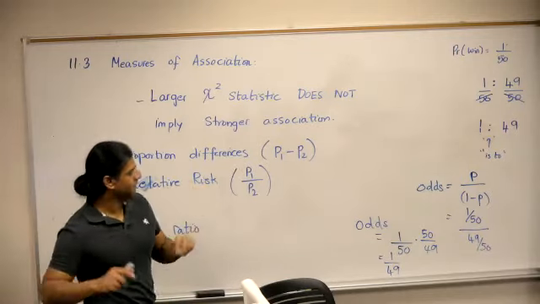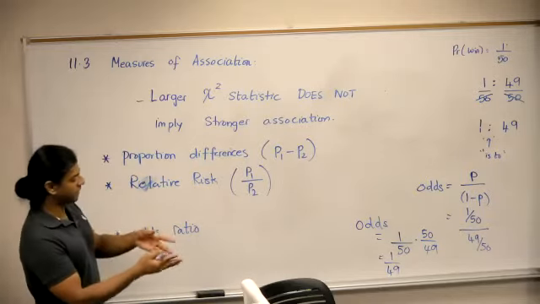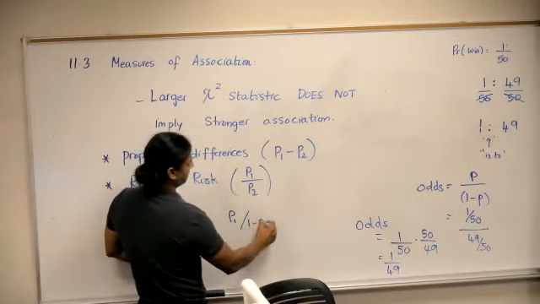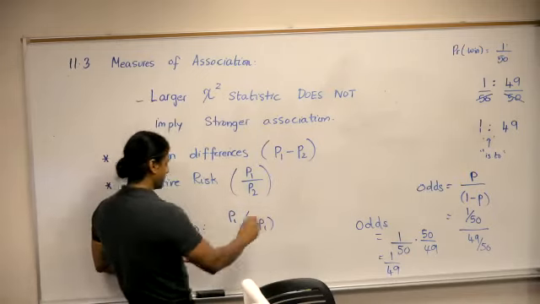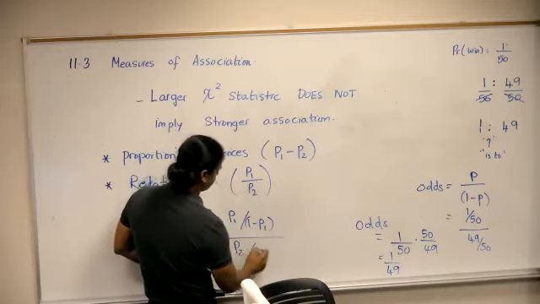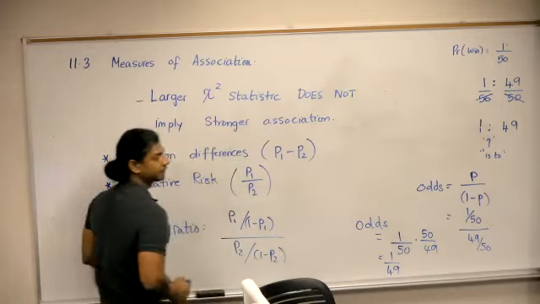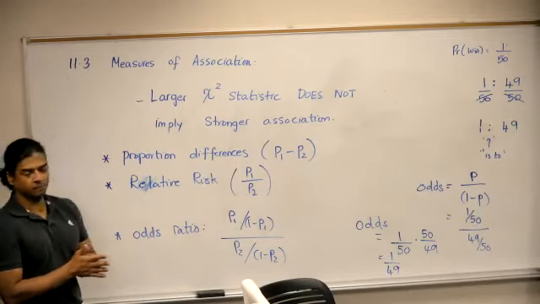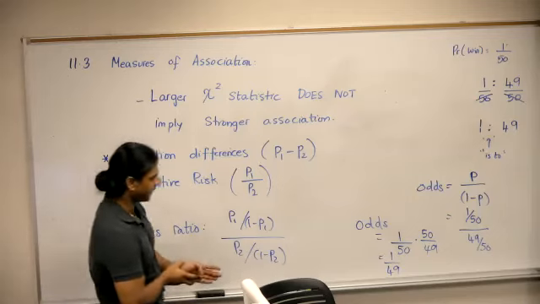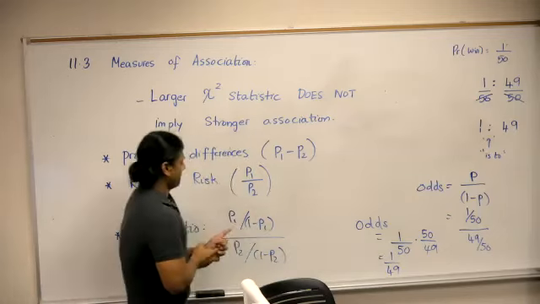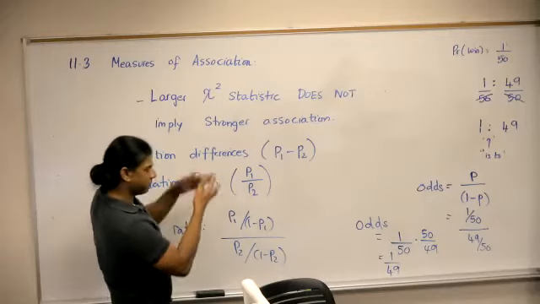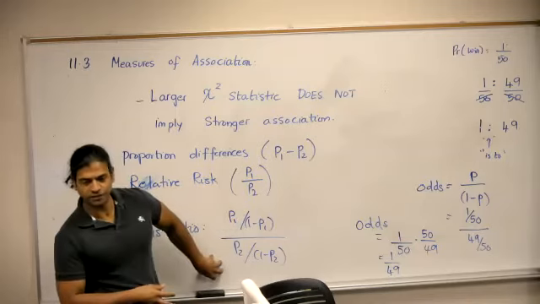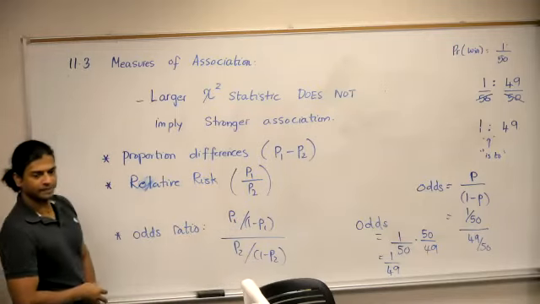Does that make sense? So what is odds ratio? Odds ratio is simply the odds of the first group divided by the odds of the second group. Odds in general is simply P divided by 1 minus P, and odds ratio is the odds of the first group divided by the odds of the second group.